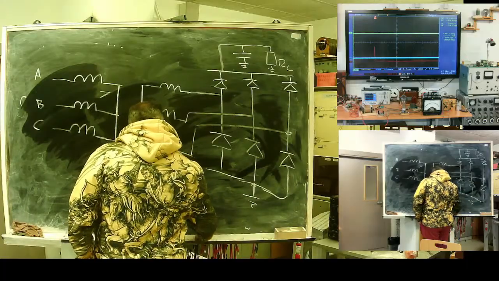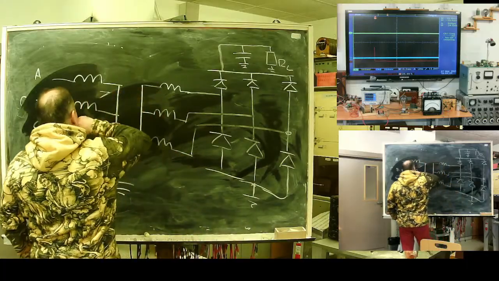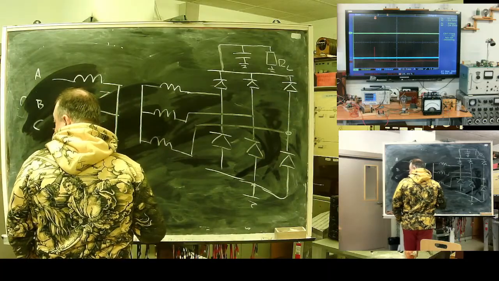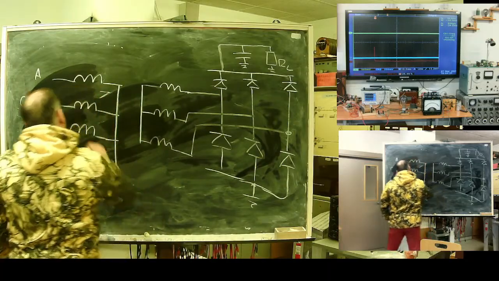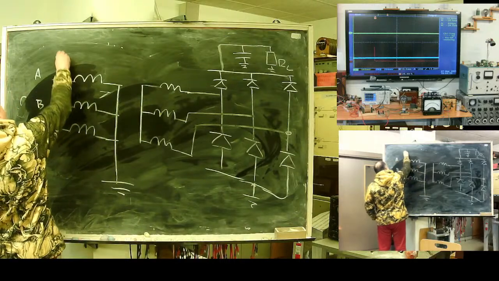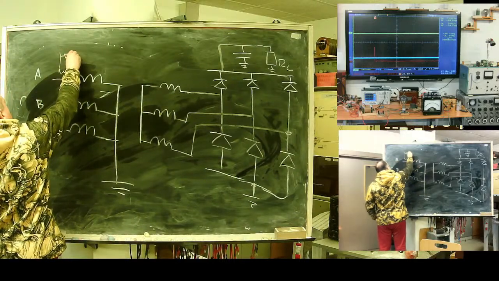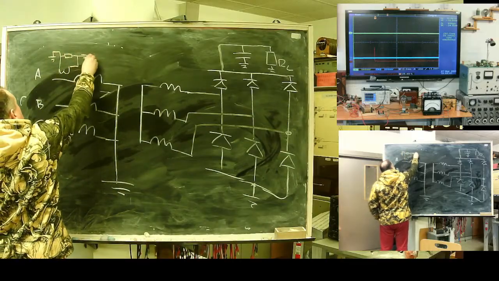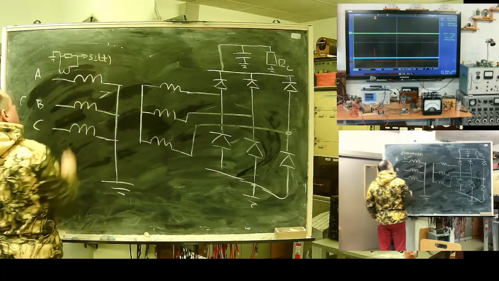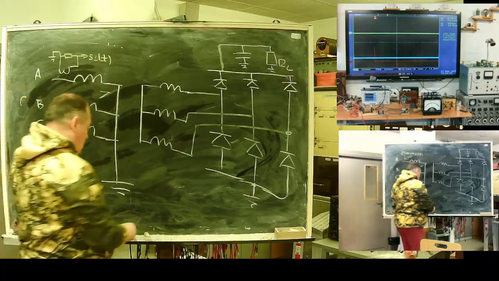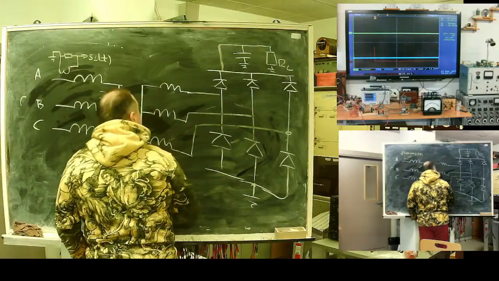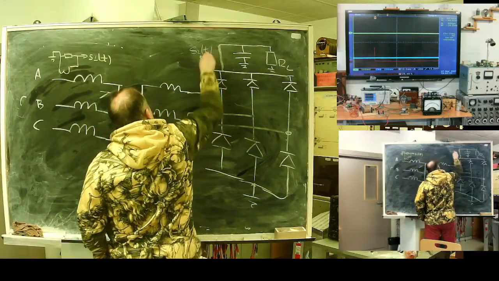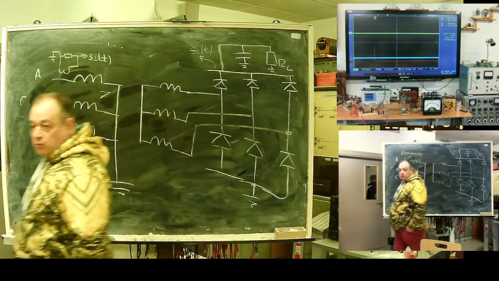Again, I will take the load current with the help of a current transformer. This will be my signal number 1, and the lower voltage will be my signal number 2.